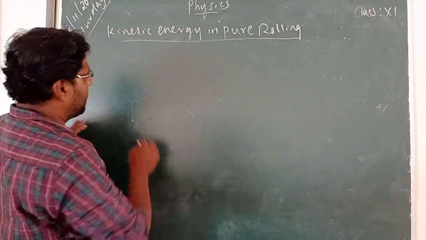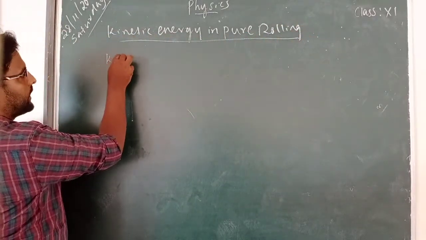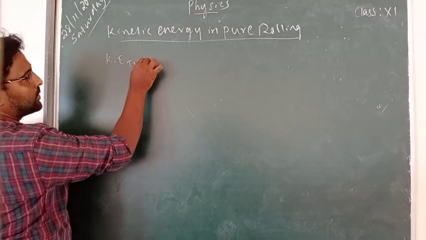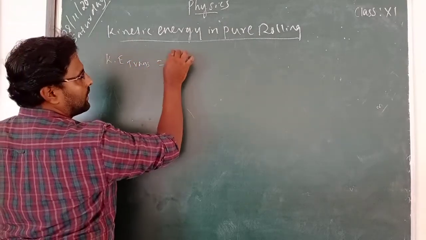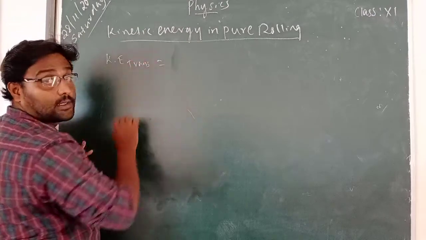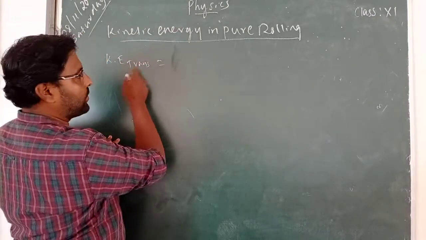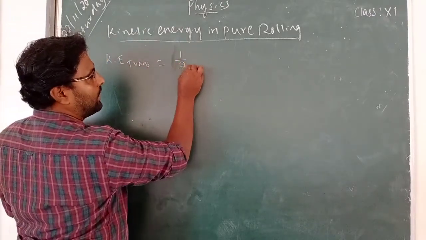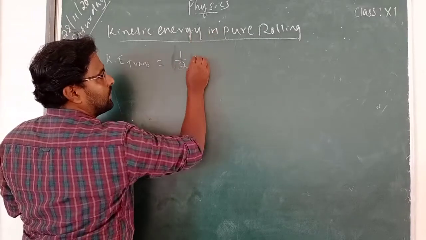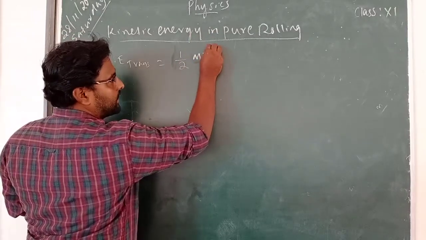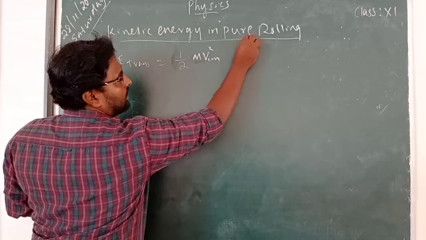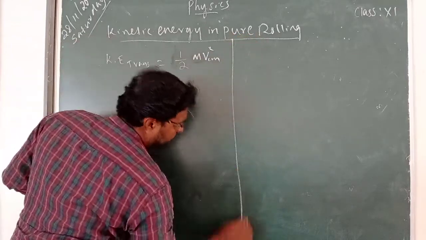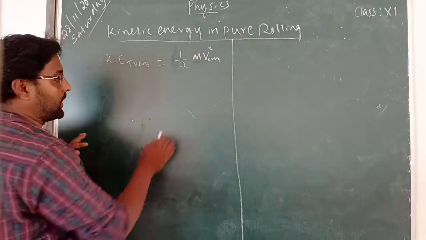You all know the kinetic energy formula. For translational motion, it is half m v square. Translational motion means based on its center of mass.